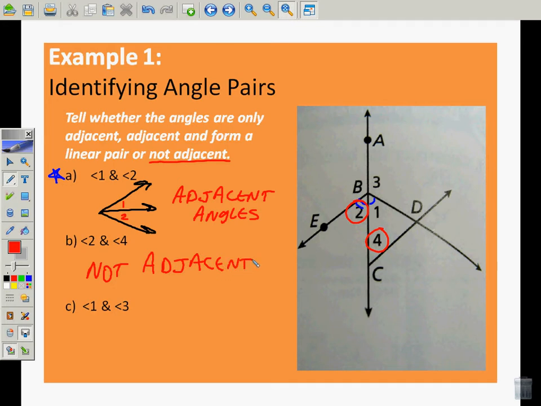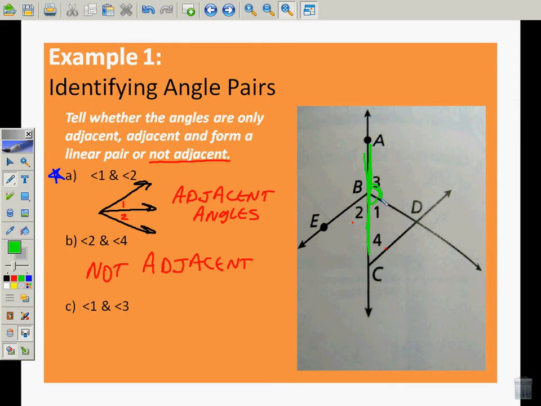What about 1 and 3? I'm going to go ahead and clear this off for right now so that we can see a little bit better. Okay? Now, 1 and 3. I'm going to highlight something here for you. Notice, angle 1 and angle 3, they form a line.